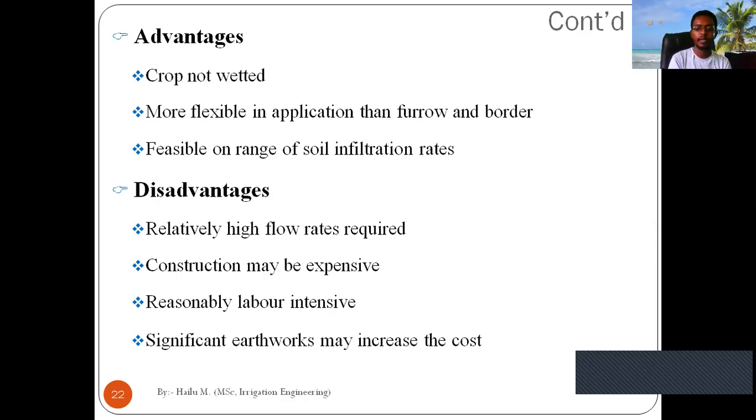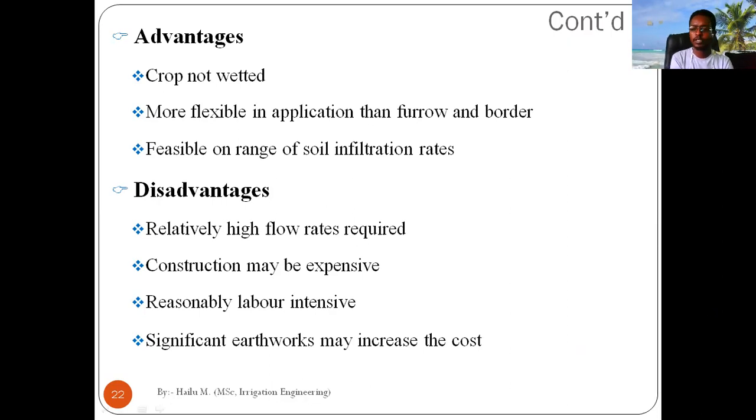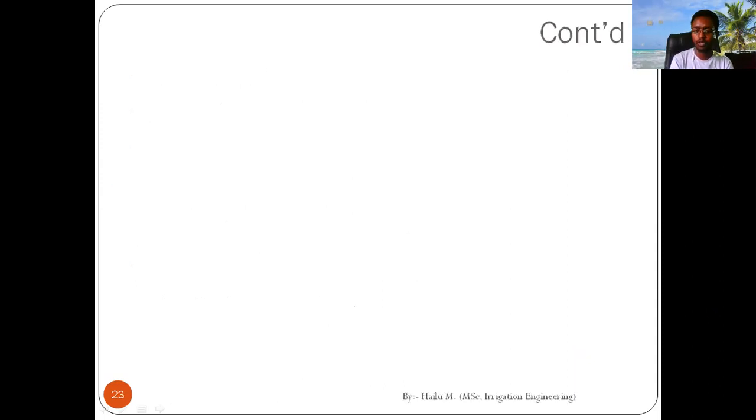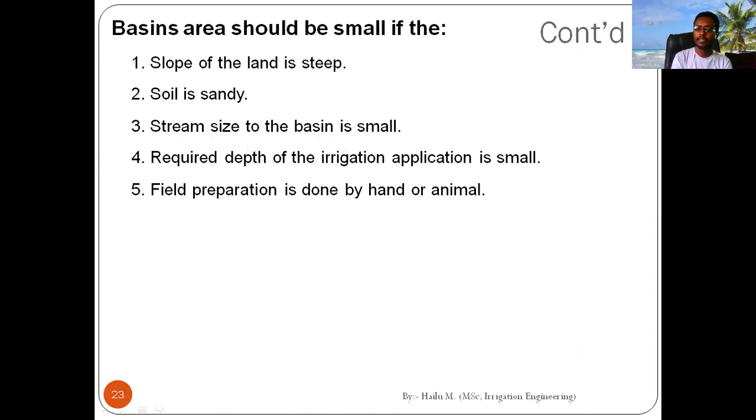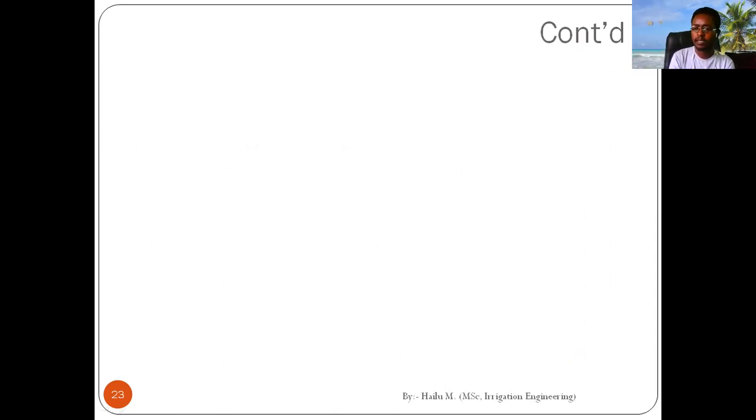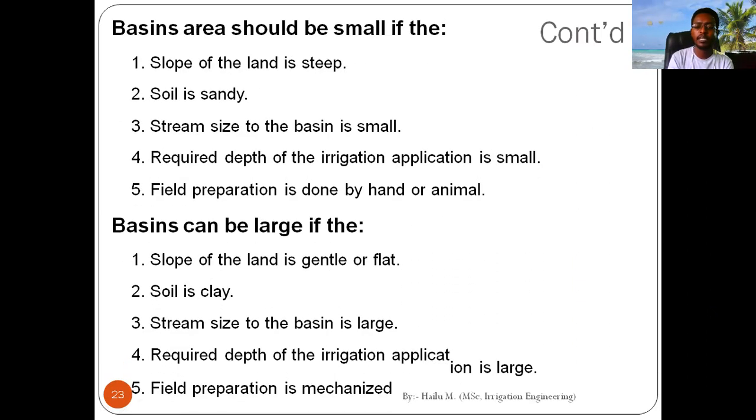The main disadvantages of this irrigation method are the relatively high flow rate required, construction that may be expensive and reasonably labor intensive, and significant earthworks that may increase the cost. So relative to the other irrigation methods, this method has advantages and disadvantages.